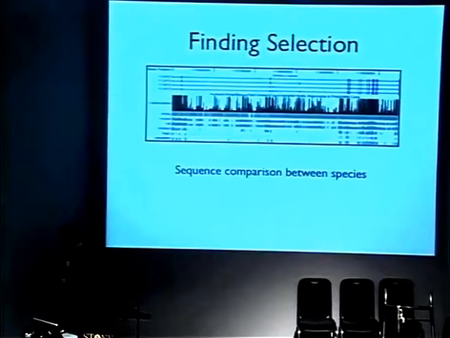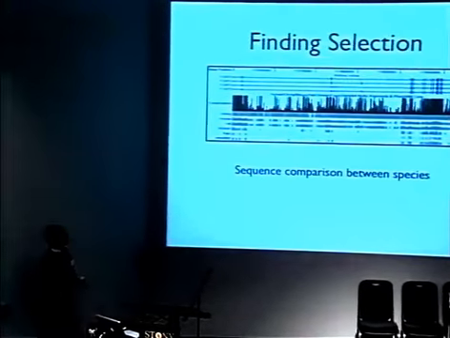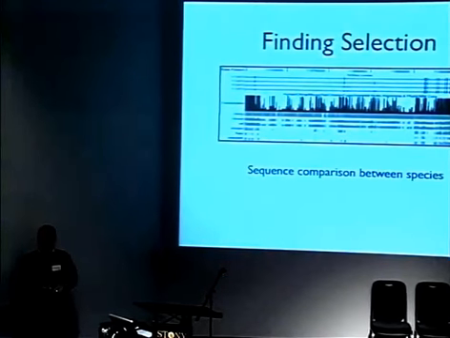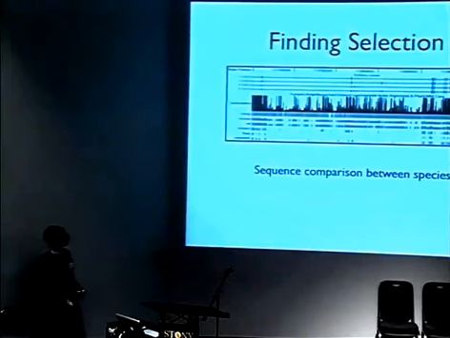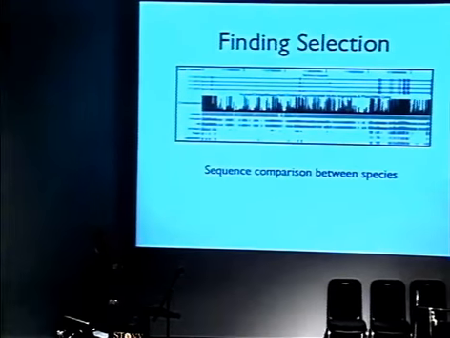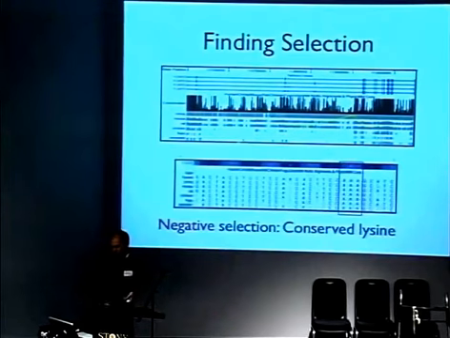Well, the more familiar approach to this might be the comparative genomics worldview. So what we're going to do is align divergent species genomes, put them in some kind of multi-alignment, say, and look for different regions of conservation.